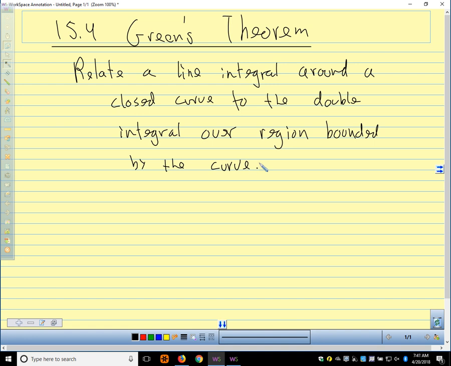Now, Green's theorem is named for George Green, who was self-taught. He learned from library books. His father was a baker, and he spent his time in the library reading books about mathematics and about physics.